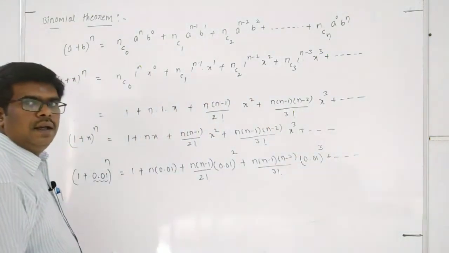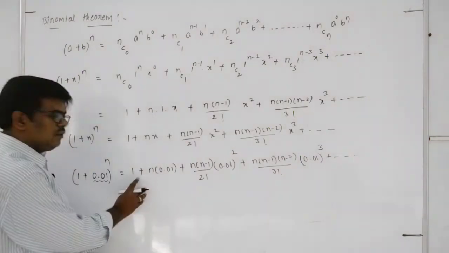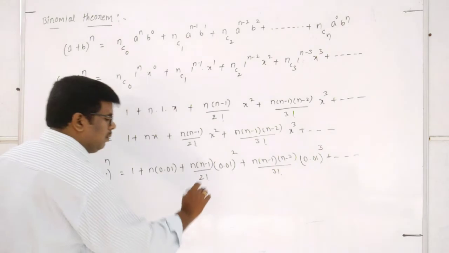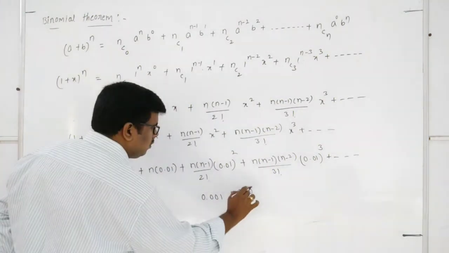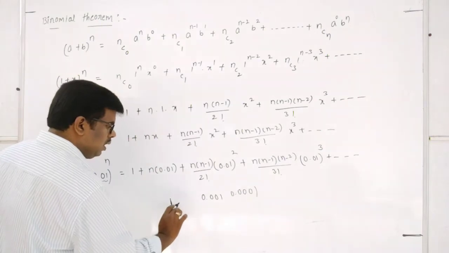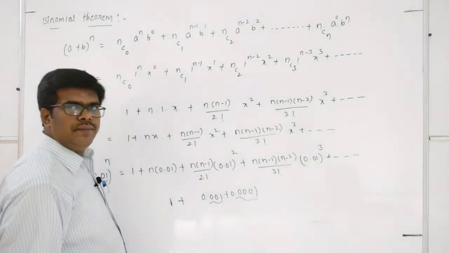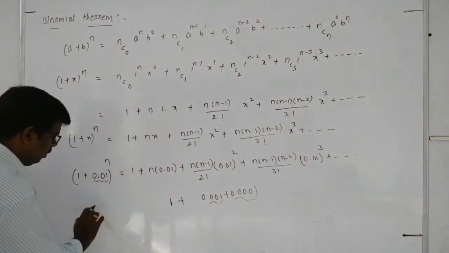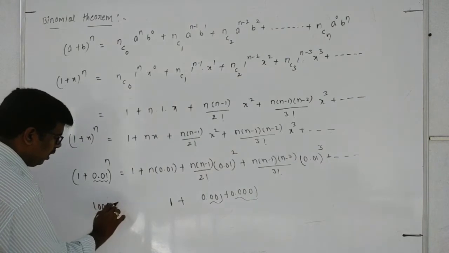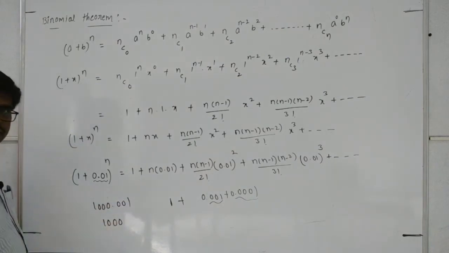So the starting 1 is there, and the remaining terms like 0.0001 and 0.000001 are all very small compared to 1. For example, 1000.001 and 1000 are almost the same, or not?